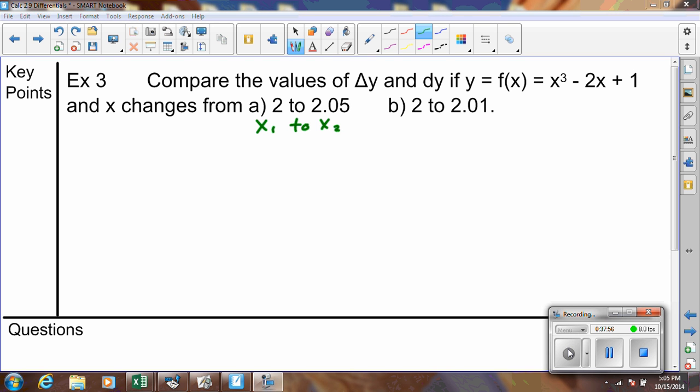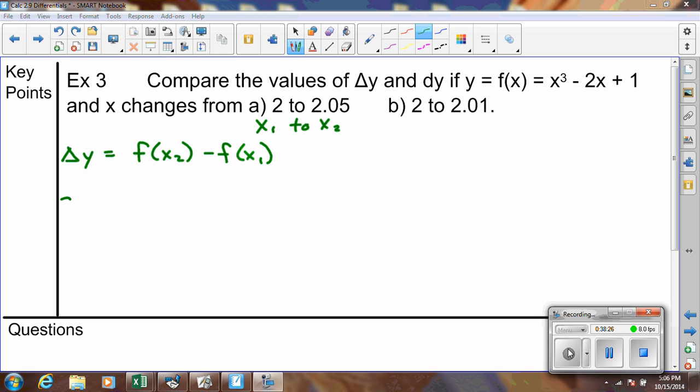We know delta y is actually equal to the change in height between the actual function values. Using this, we can calculate the actual change, delta y, in the y height of our function. We will come back and crunch those numbers in a second.